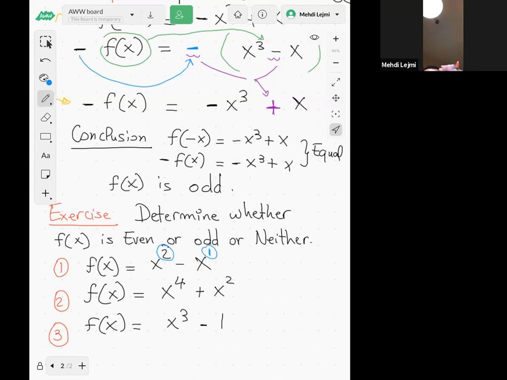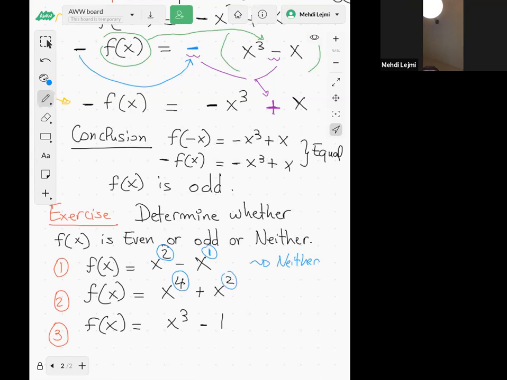Whenever you have a mixture of odd and even powers, then the function is neither, because we do have an even power and an odd power.